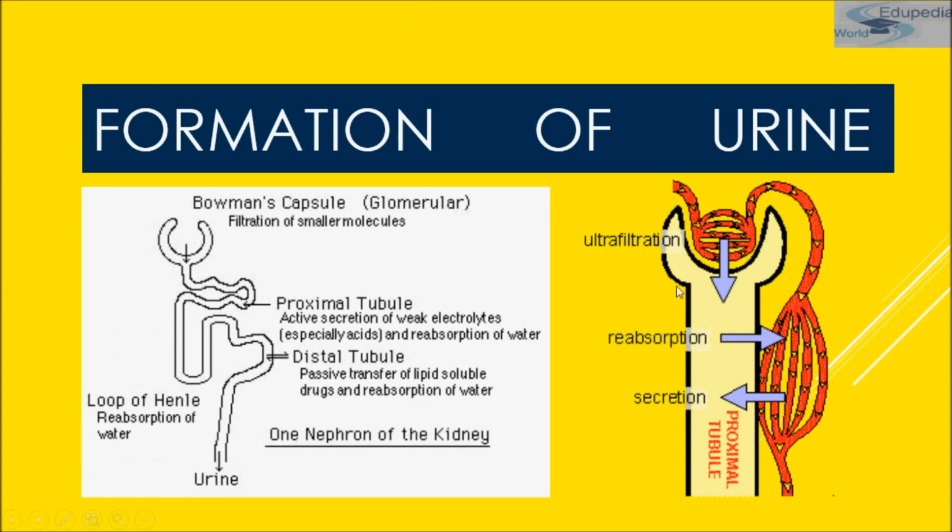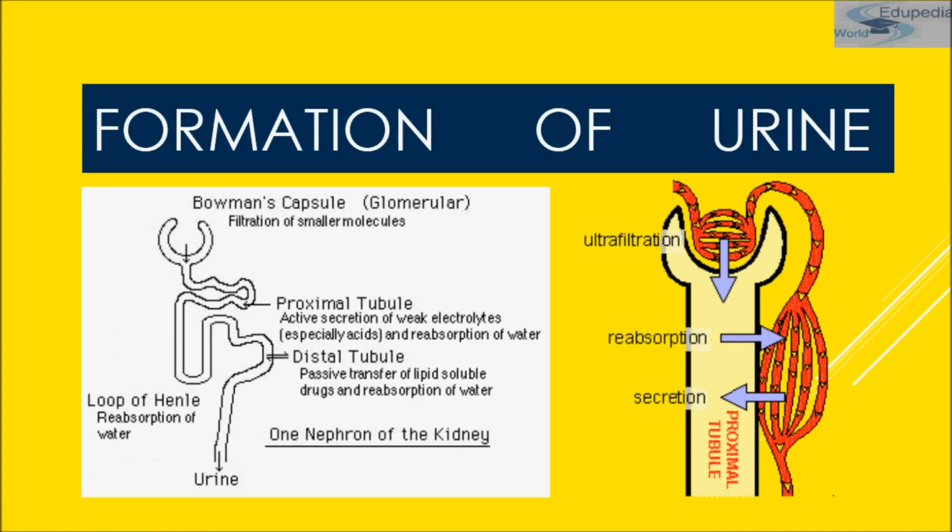Bowman capsule is cup shaped, a double walled structure. Its outer wall is called parietal epithelium, and it is made up of flat squamous epithelium. The inner wall is called visceral epithelium, and it is made up of specialized cells, which we call podocytes. Podocytes are modified squamous epithelium cells.